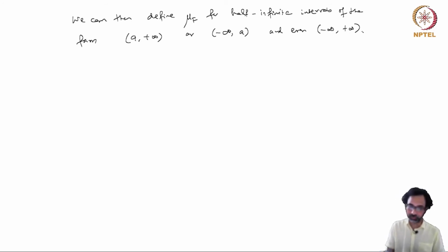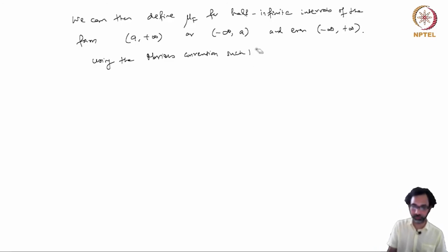So we can use the exact same formulas we have used before, just by taking these values for f minus and f plus at plus and minus infinity, and then using the obvious convention, such as plus infinity minus minus infinity is going to be plus infinity, and so on.